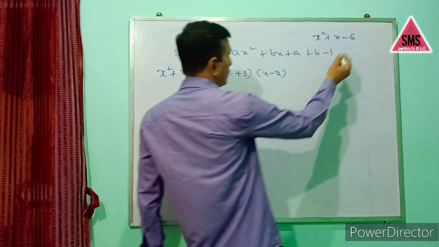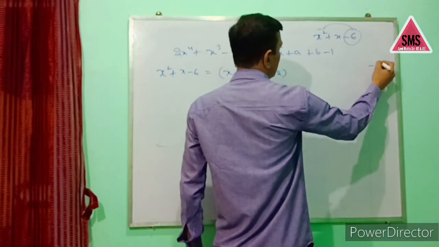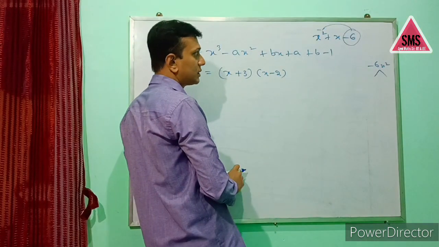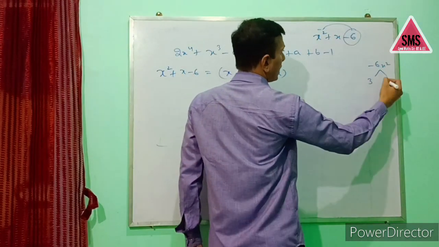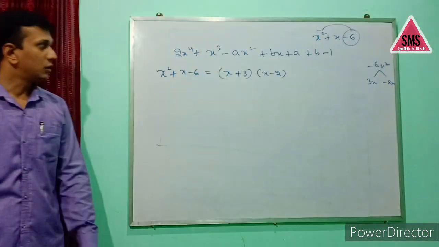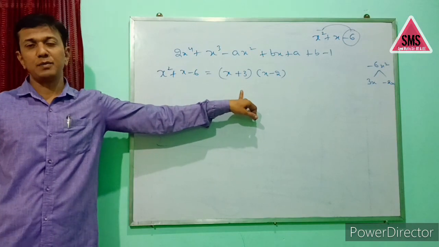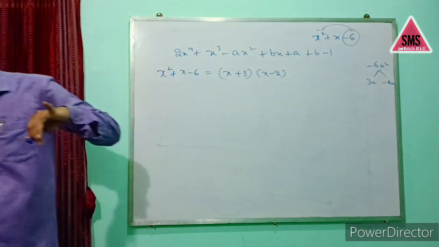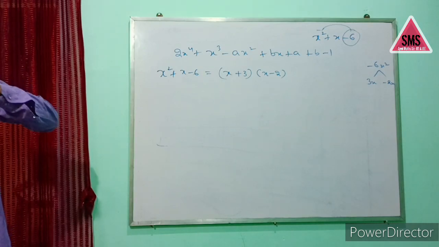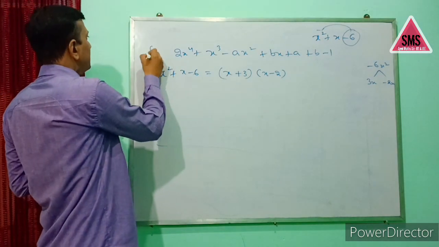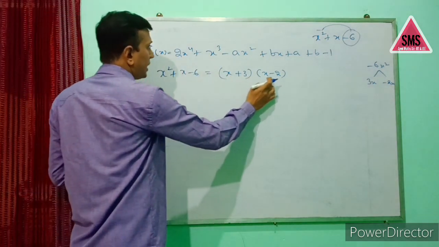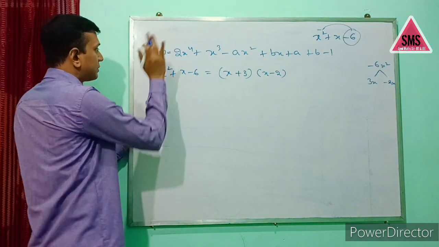How to find the factors? The last term should be multiplied with the first term, giving minus 6x square. Choose the factors of minus 6x square such that on adding you get the middle term. So 3x minus 2x. With that we got x plus 3 and x minus 2 as the factors. They have asked us to find the values of a and b. Let us name this polynomial f of x. Since x plus 3 and x minus 2 are factors, substitute directly.